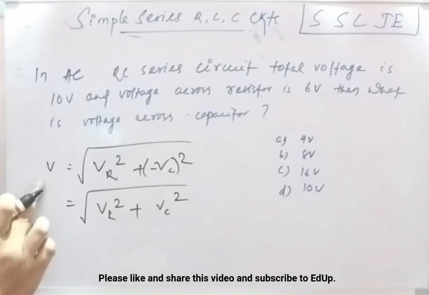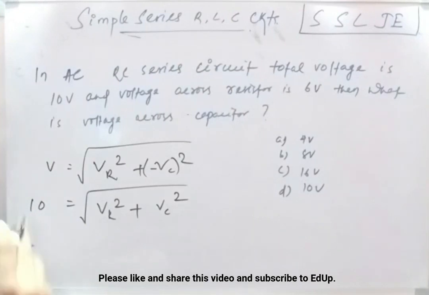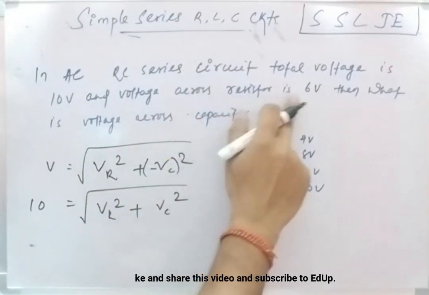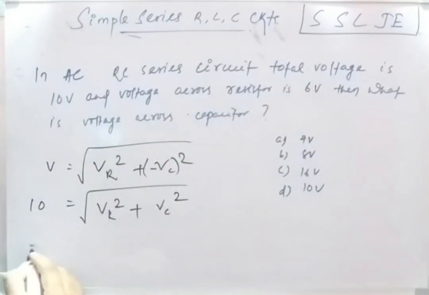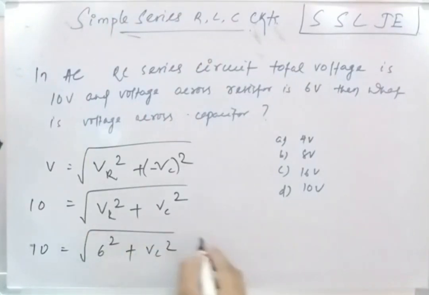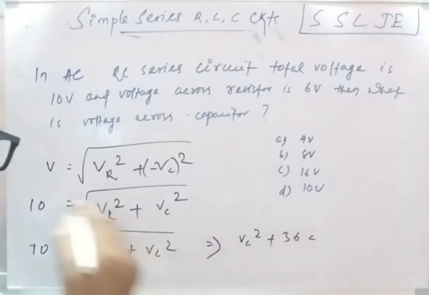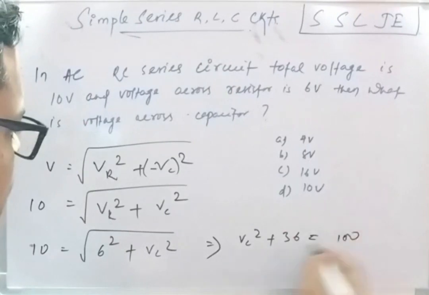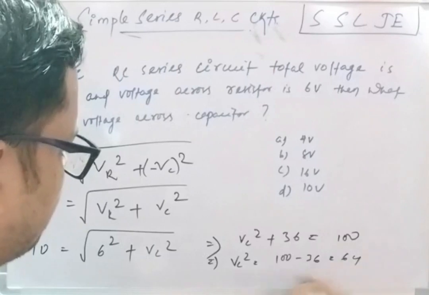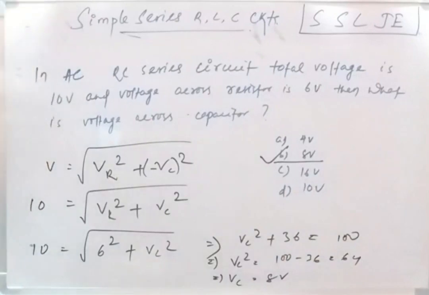The applied voltage V is given as 10 volt, and the voltage across the resistor is 6 volt. So I can write 6 square plus VC square, so VC square plus 36 equals 10 square, that is 100. VC square equals 100 minus 36, that is 64. VC equals 8 volt. So option B is correct.